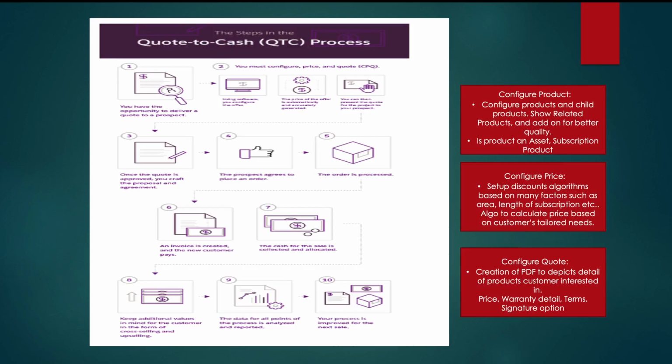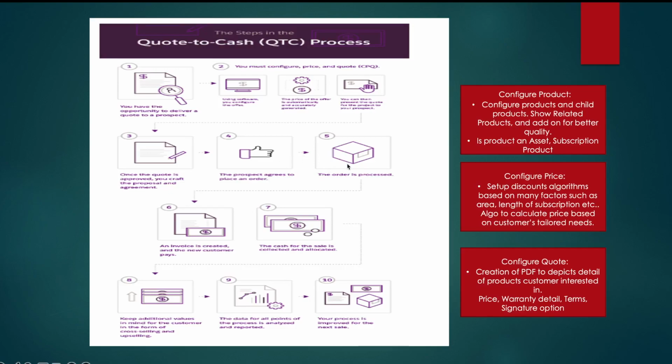So when we have an opportunity, using CPQ we get the quote for the customer. And if you look at the third point, after CPQ we got the quote. Once the quote is approved, we send it to the client. Once, let's say, the client agrees to your quote, then we have to place an order, like a sales order.